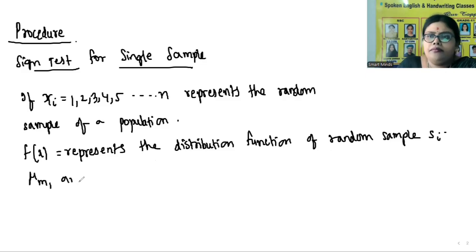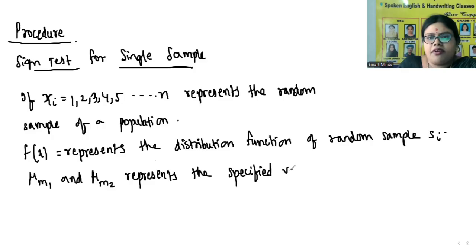Mu m1 and mu m2 represents the specified value of f of x.